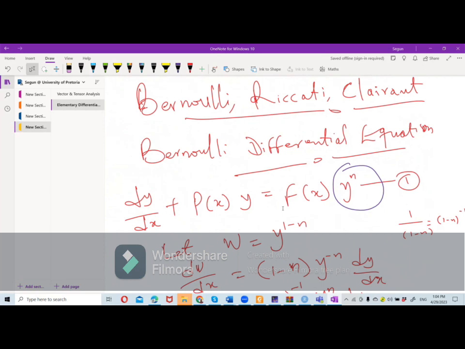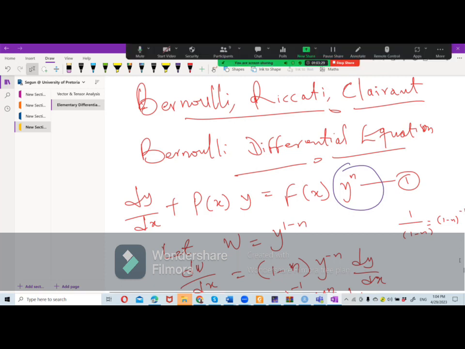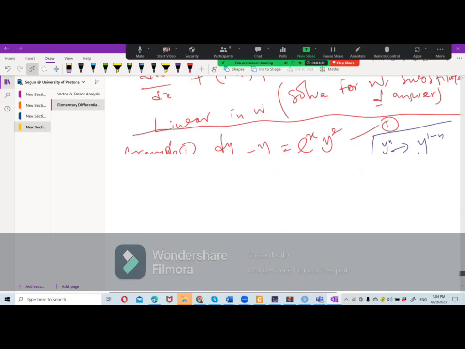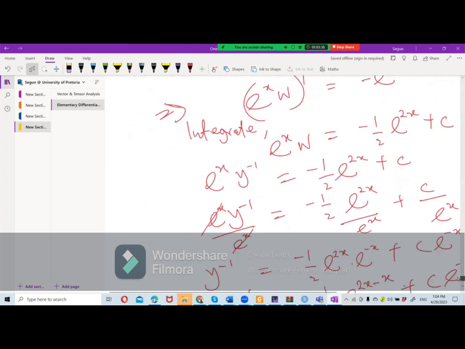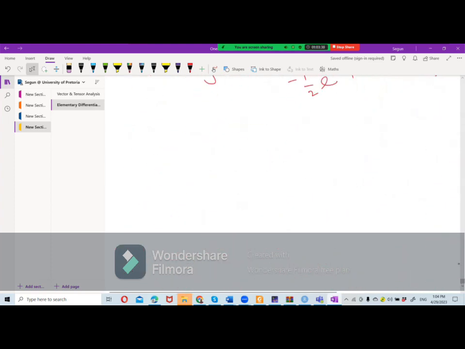So let's look at the Riccati equation, and how we solve it. I will also explain the formula again, the method of solving it, then we can now solve it.